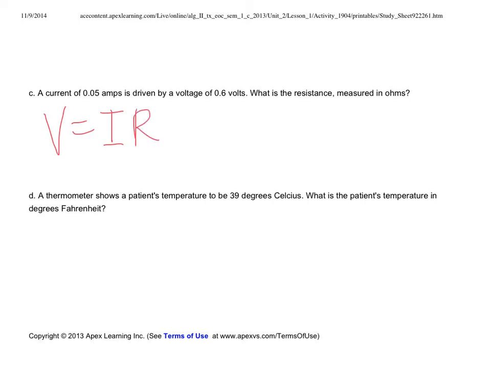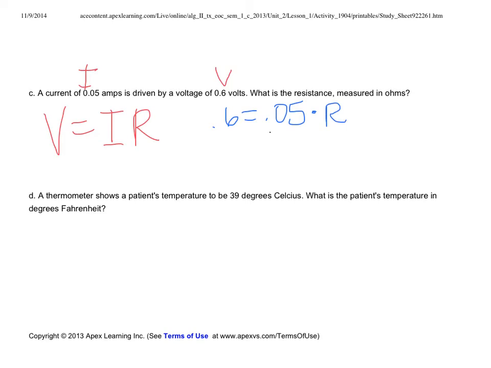So our voltage is 0.6, our current, which is I, is 0.05, and our resistance is what we don't know. So plugging in, we have 0.6 equals 0.05 times R.